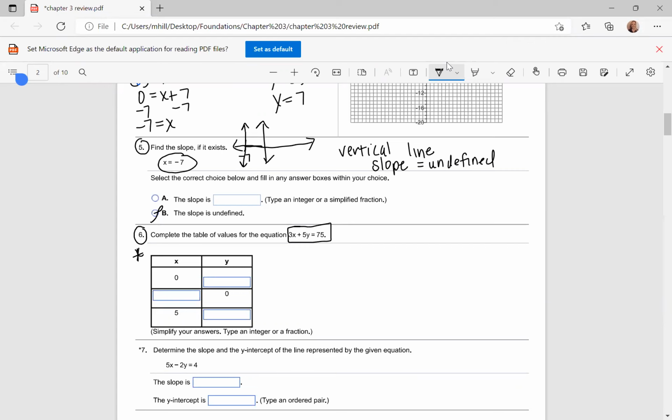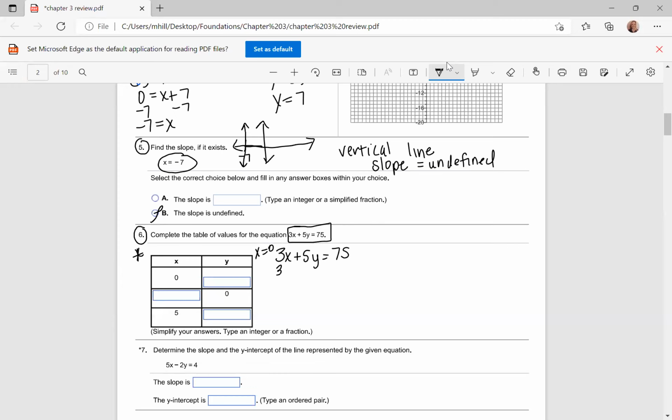Okay. So there's a couple of ways to go about this. The way that we did this in class is we just plugged in the missing part and found the other. If they gave us x equals 0, we plugged that in and then we found y. So we'll just work it like that. So 3x plus 5y equals 75. They're telling me that this time x equals 0.